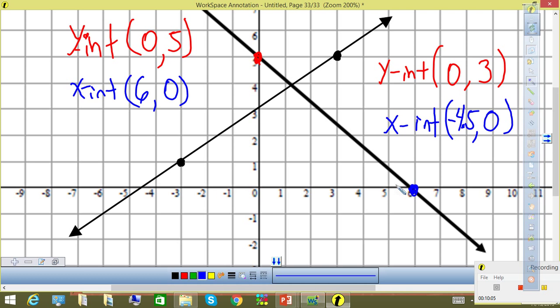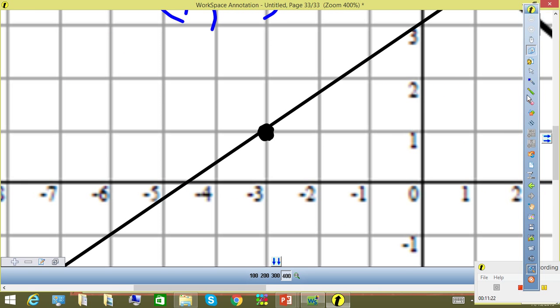If you got 4.4 or 4.2, somewhere around there, I'll take that answer. Let me zoom in so that you guys can see it. This is the x-intercept. It's about halfway there, right? And our y-intercept is right there. We got this? All right.